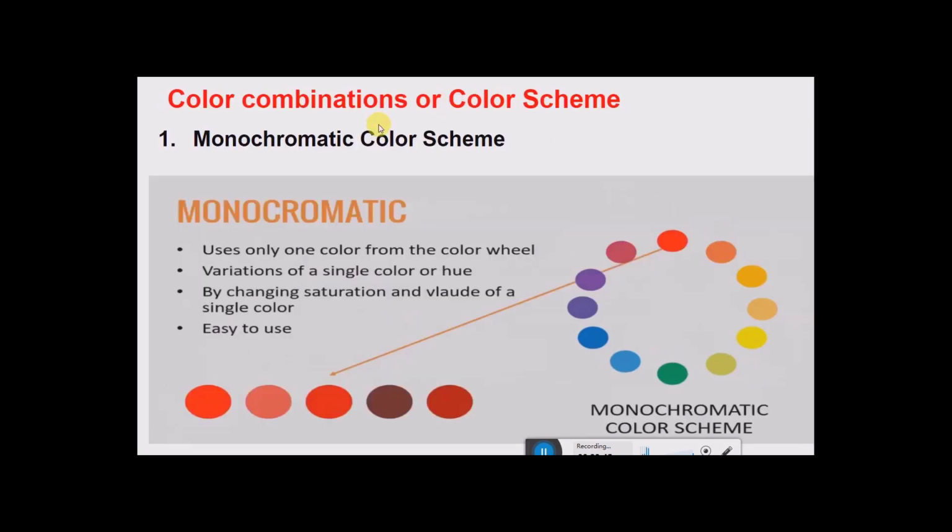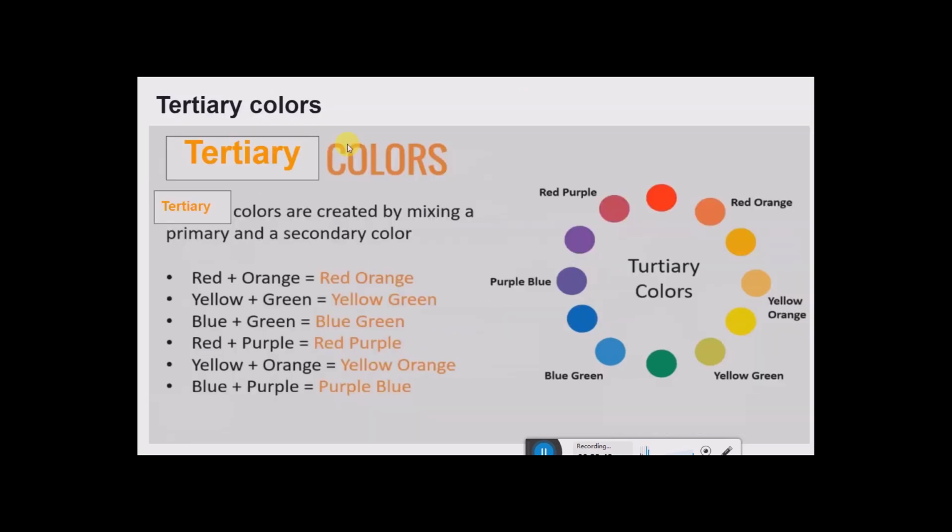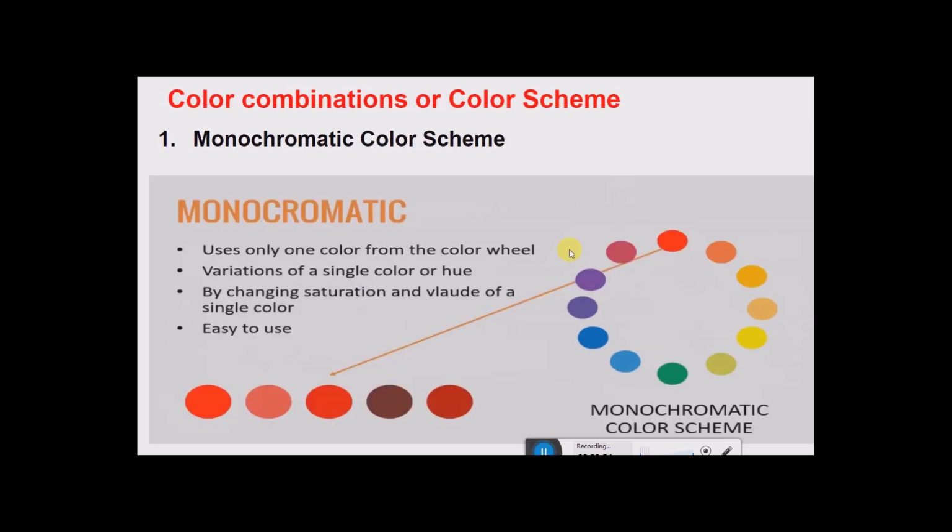Then we have color schemes, or color combinations. The process of adding these primary, secondary, or tertiary colors together gives you a color scheme. Under the color scheme, we have the monochromatic color. Mono means one, chromatic means color.